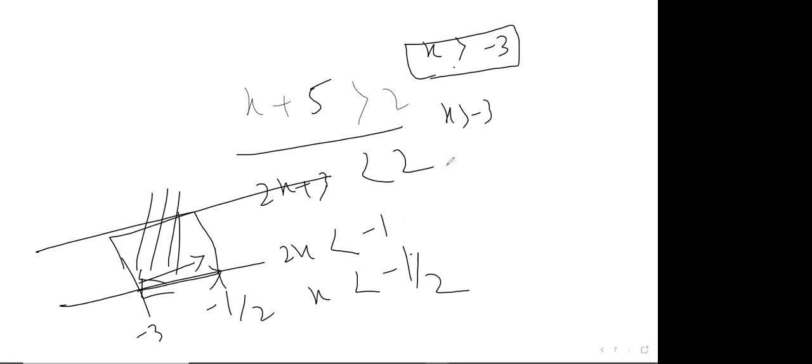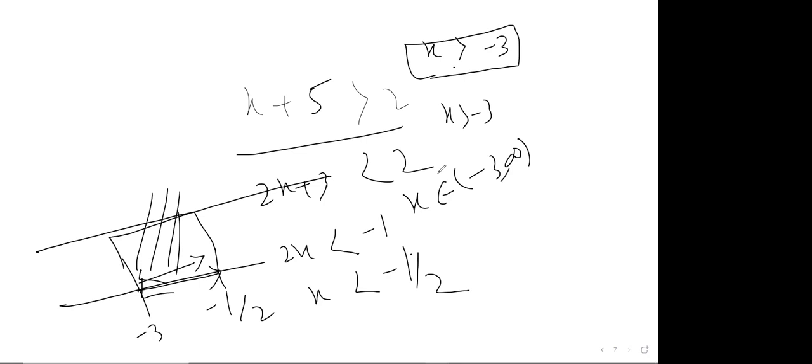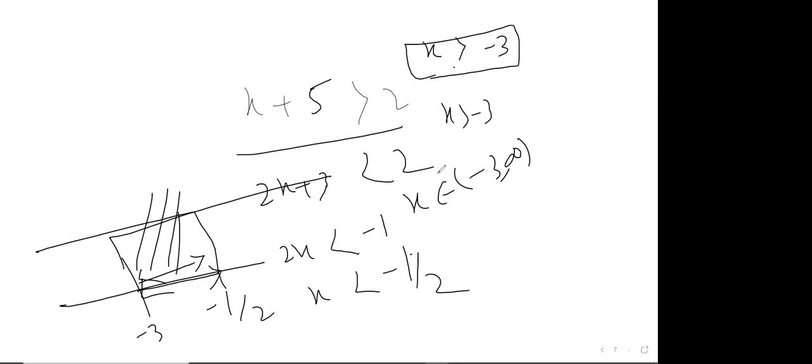That is why I wrote x belongs to minus 3 to infinity, because this is a set of values, not a single point, right? Yes, sir. So graphically it must give you an area. All right, clear? Yes, sir.